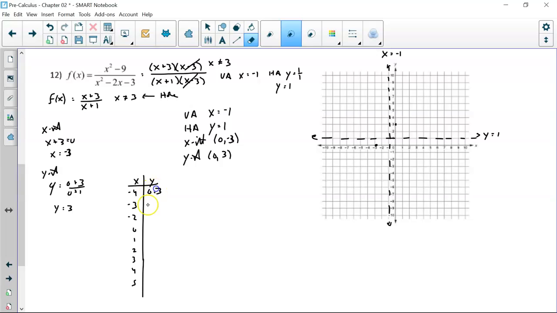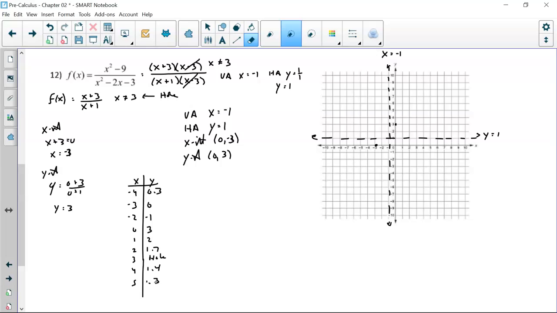So we have 0.3, 0, -1, 3, 2. When x is 2, y is 1.7. 4, we're at, I'm sorry. Oh, we don't have something at 3. There's a hole at 3. Keep that in mind. There's a hole at 3. And then we're at 1.4 and 1.3.